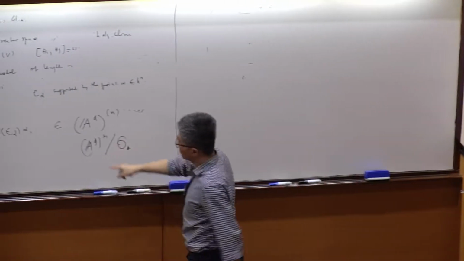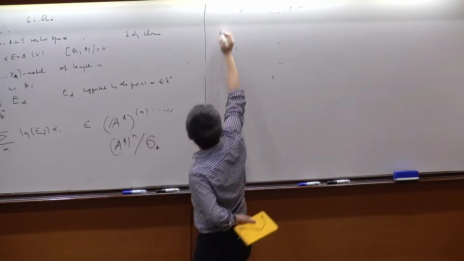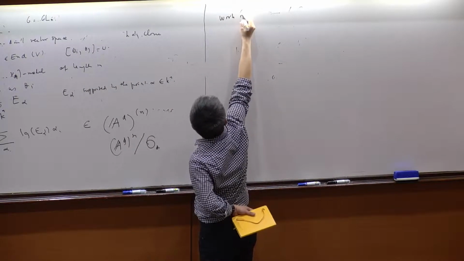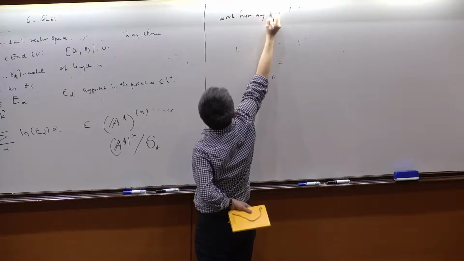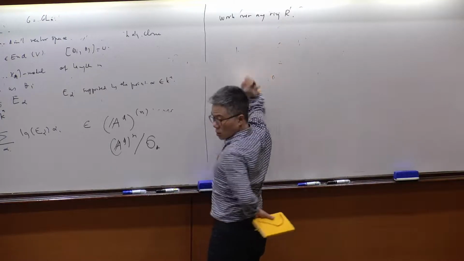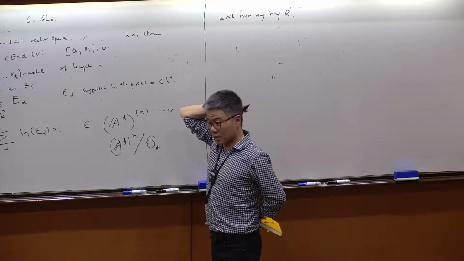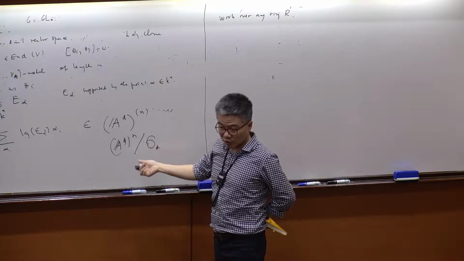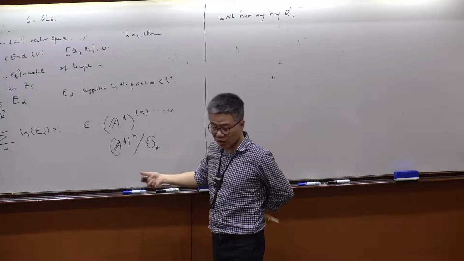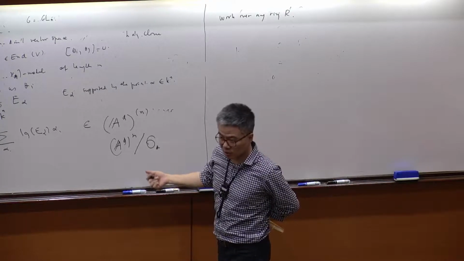And what happens is this construction works over any ring. Surprisingly, it doesn't seem to be trivial to do it for other reductive groups. I haven't managed to do it yet. It should work, something like this.